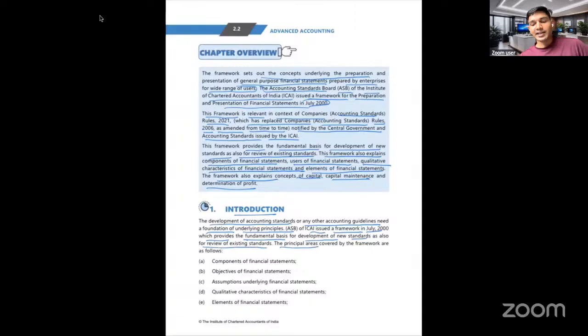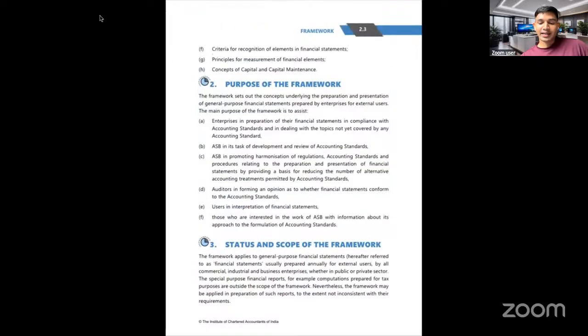The principal areas covered by the framework are as follows: components of financial statements, objectives of financial statements, assumptions underlying the financial statements, qualitative characteristics of financial statements, then elements of financial statements. It also covers criteria for recognition of elements of financial statements, then principles for measurement of financial statements, and concepts of capital and capital maintenance.